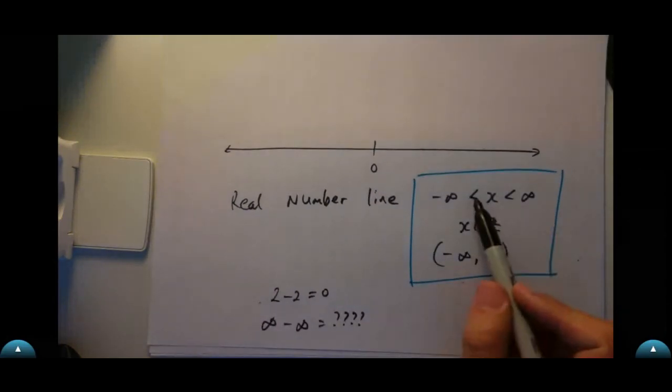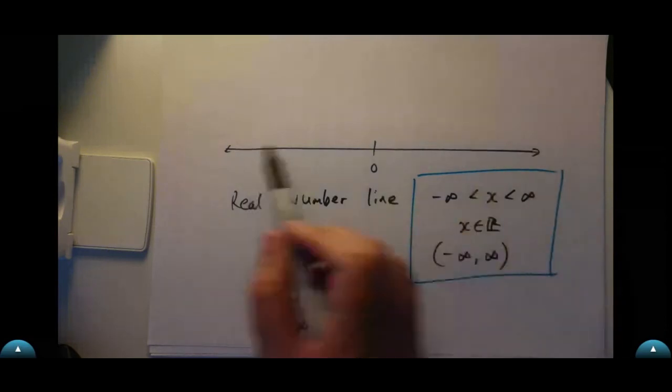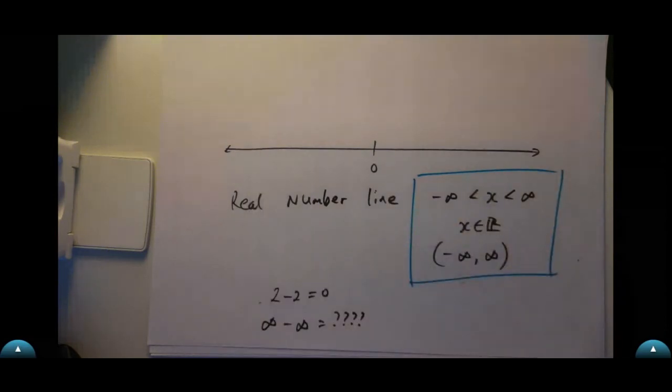So we never include infinity as part of the real number line. Now, you can talk about the extended real number line, but we won't do that in this course. Maybe wait until a bit more advanced maths for that. So don't worry about it. Okay, cool. That's a great question.